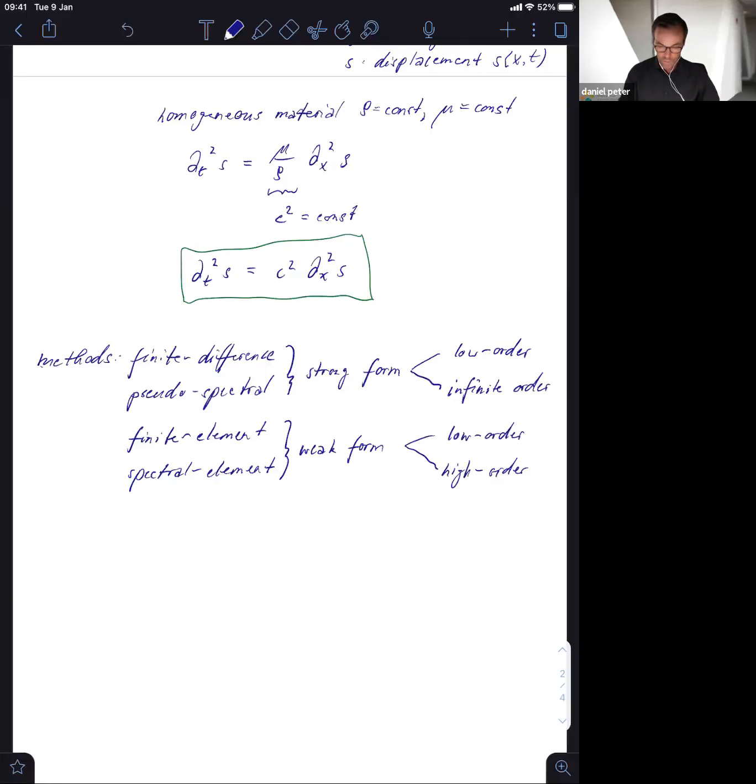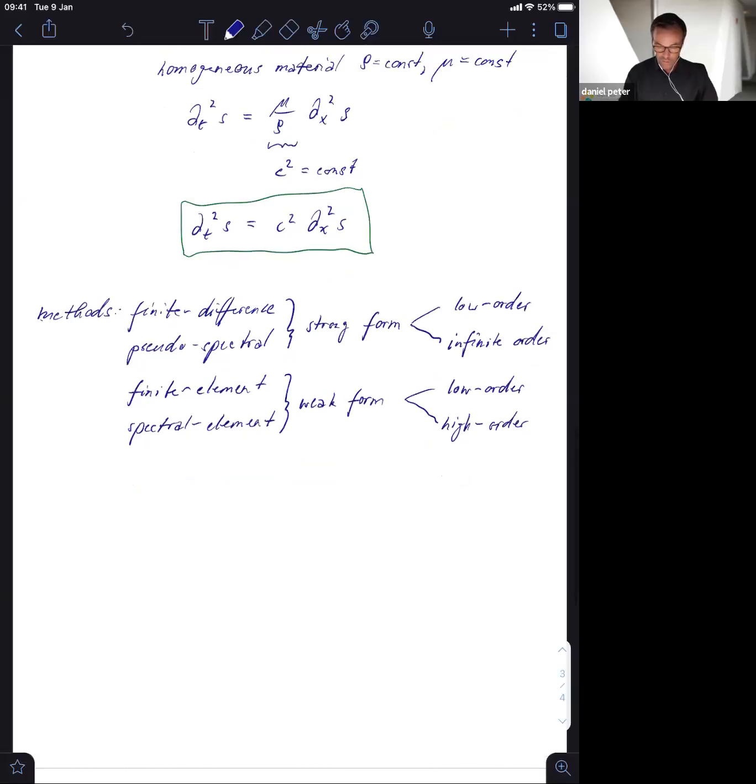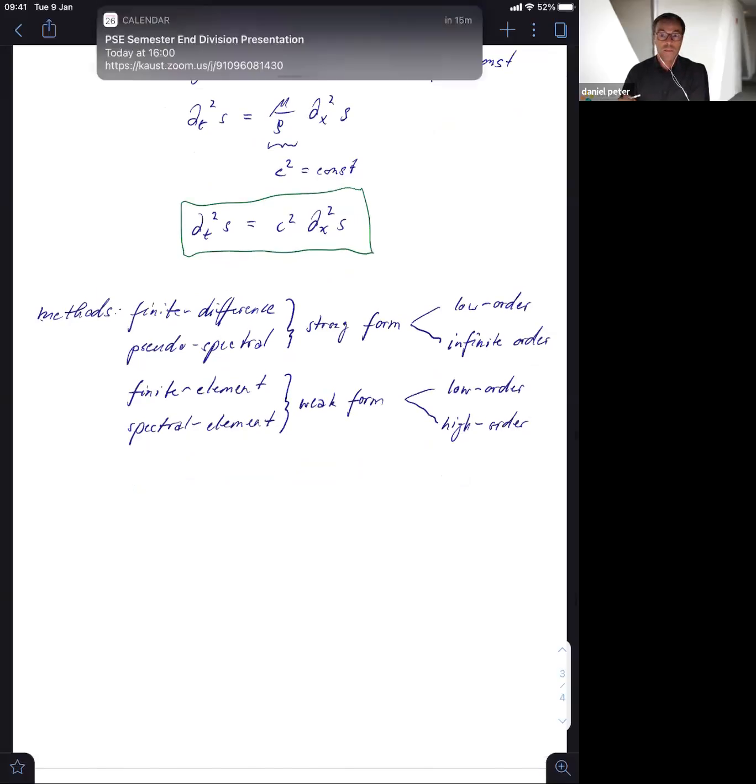Right. And you saw finite element, spectral element, pseudospectral. They're basically dealing with the spatial derivatives.